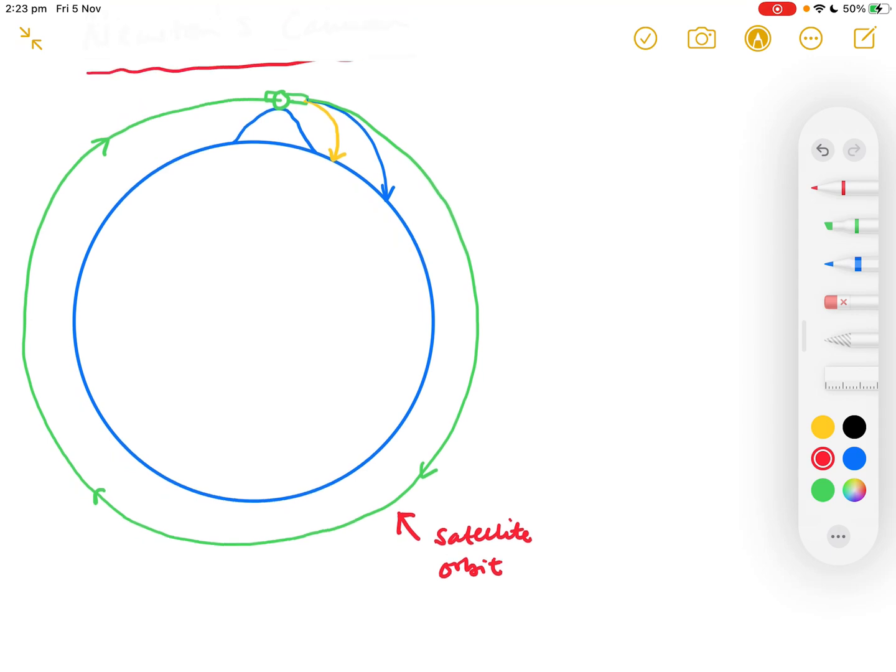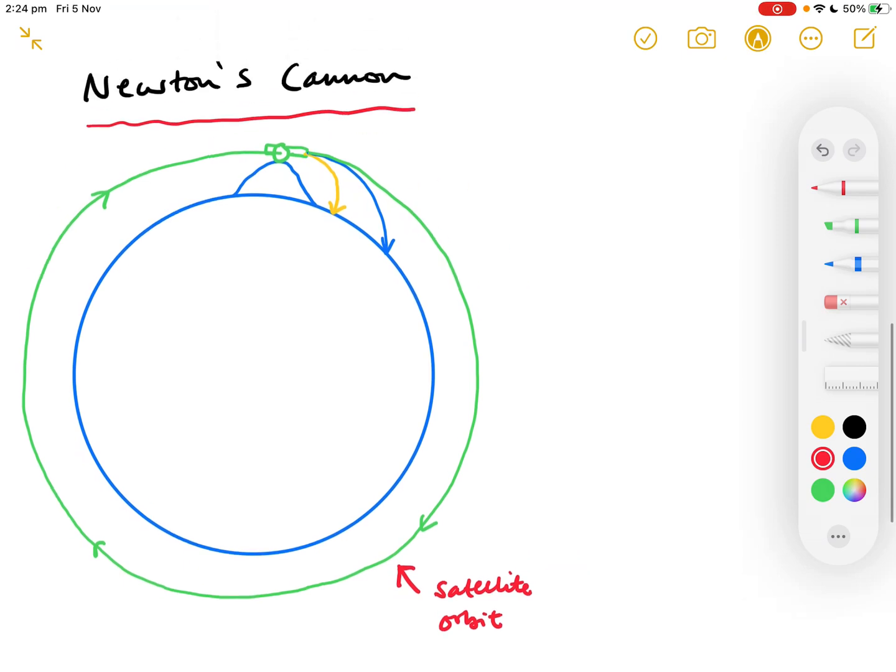Because we're above the atmosphere on this high mountain, what we'll call the horizontal velocity, that's the velocity component parallel to the Earth's surface, is constant. There is no drag to slow it down. So once it's in orbit, it just keeps going and going and going.